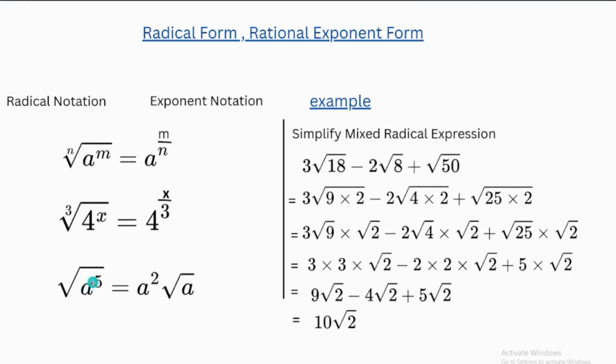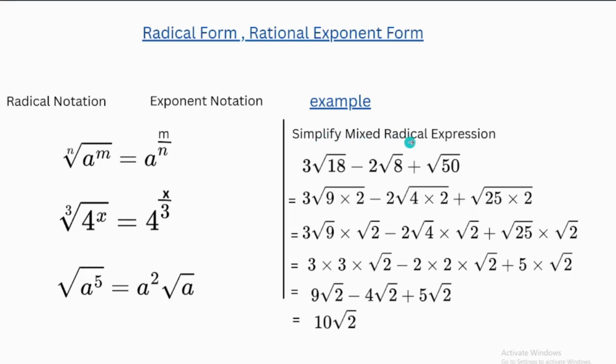So a to the 4 gets out of the root. It becomes a squared times root a. When you put it inside the root again, it will be a to the 4, and when we multiply, we get a to the 5.